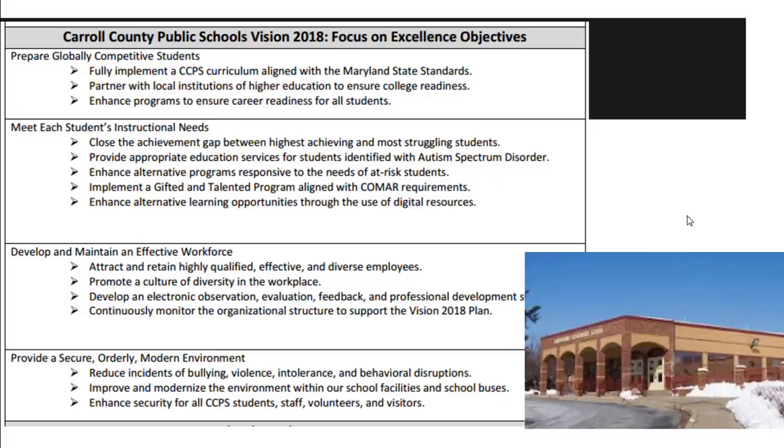Then again, I should also note that the second to last prong under that meet each student's instructional needs area, implement a gifted and talented program. So if you're really thinking about this mission statement, I would ask yourself whether or not implementing a gifted and talented program is really compatible with closing the achievement gap.